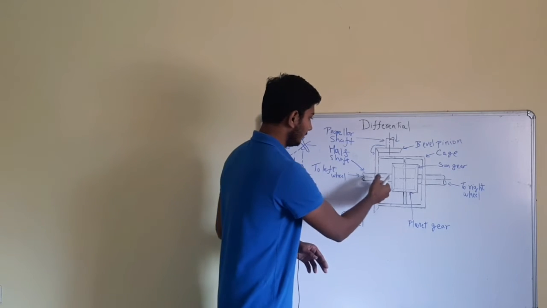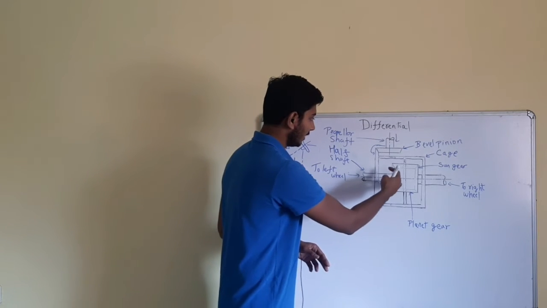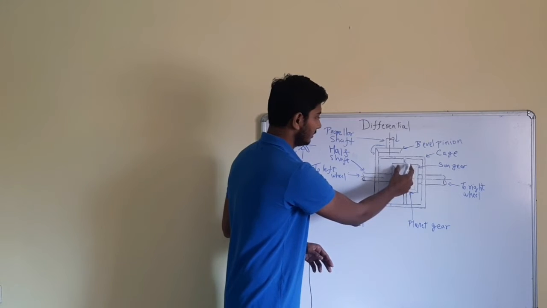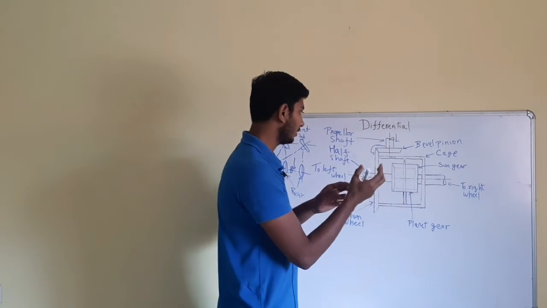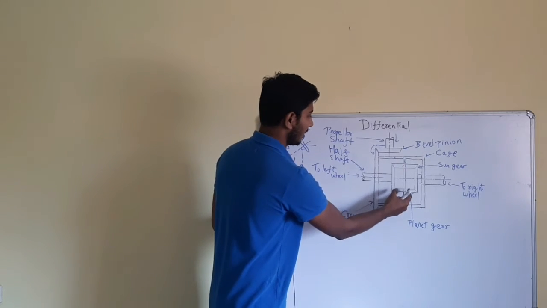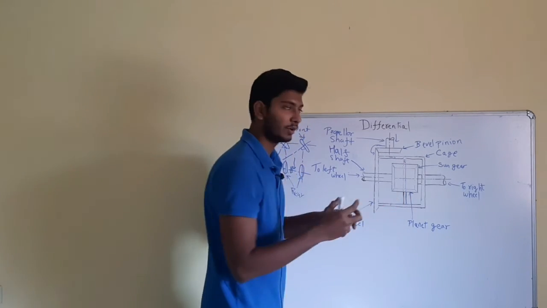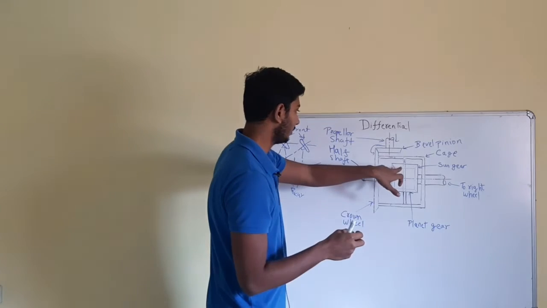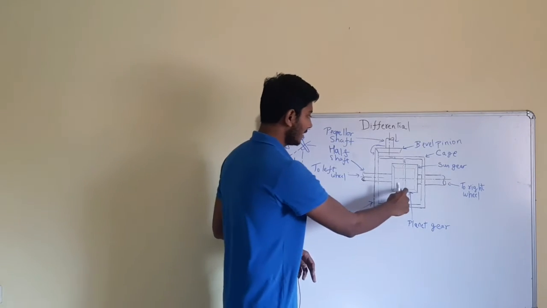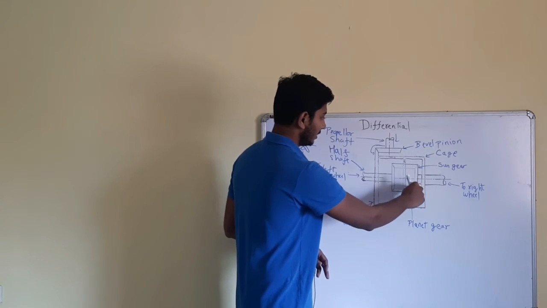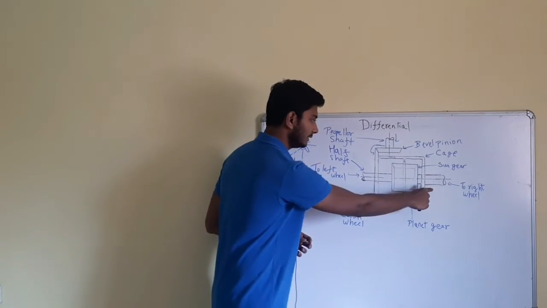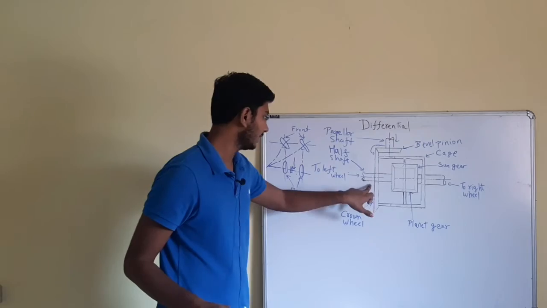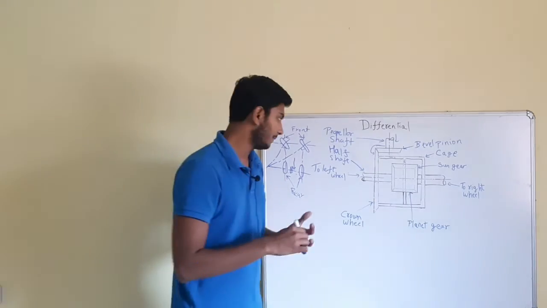So if this side has some resistance, then this gear would rotate about its own axis, and this wheel would rotate in the opposite direction of this gear, and the resultant is such that the speed of this shaft is higher than this shaft in order to prevent the slip.